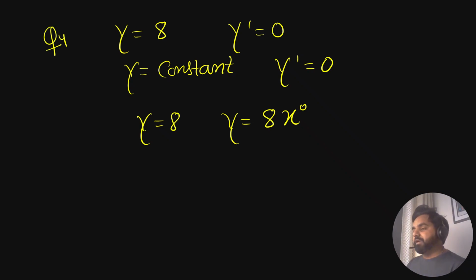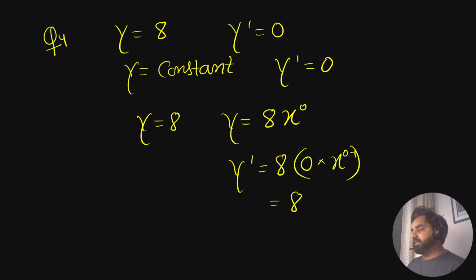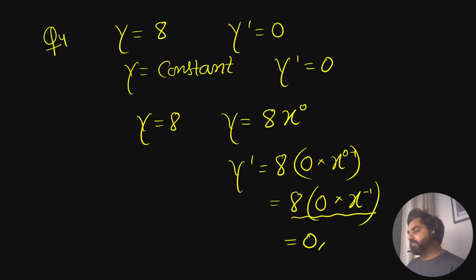Now if you want to differentiate, you don't have to do anything with 8. 0 will come in the front, multiplied by x to the power 0 minus 1, which is 8 times 0 times x to the power minus 1. And if you multiply any number by 0, everything will become 0. That's why I was saying the differentiation of any constant is always 0.